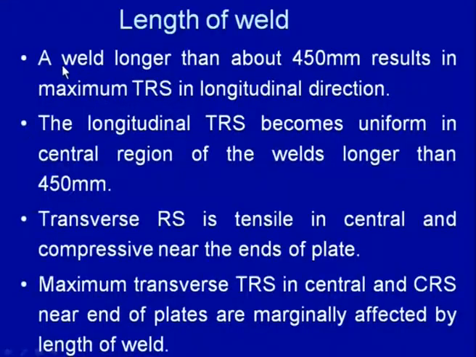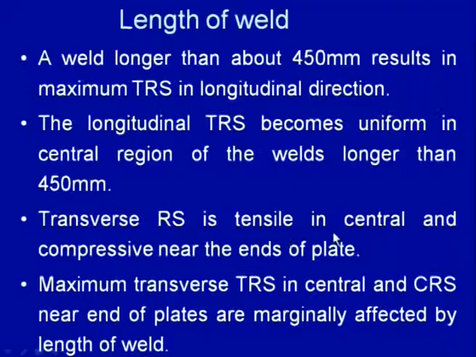So, a weld longer than about 400 mm results in the maximum tensile residual stresses in the longitudinal direction, and the longitudinal tensile stresses become uniform in the center region of a weld longer than 450 mm. The transverse residual stress is tensile in the central region and compressive near the ends of the plates.